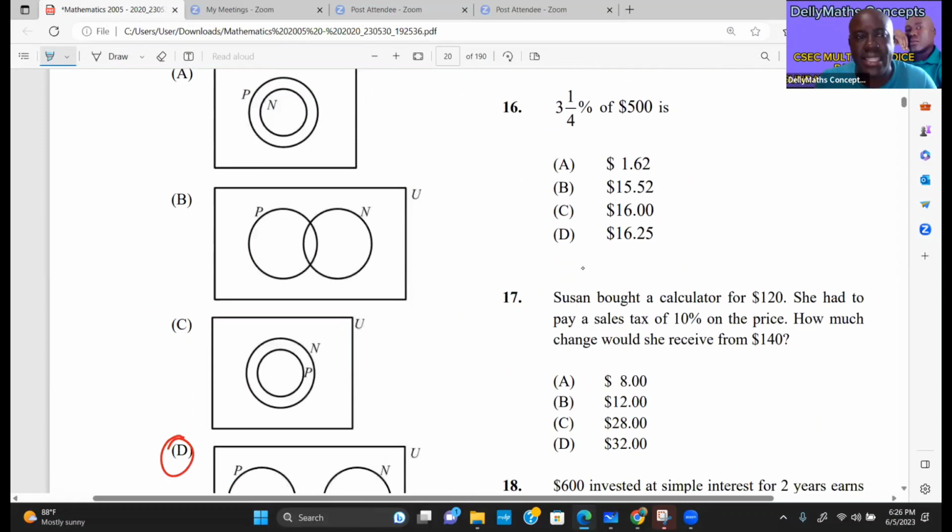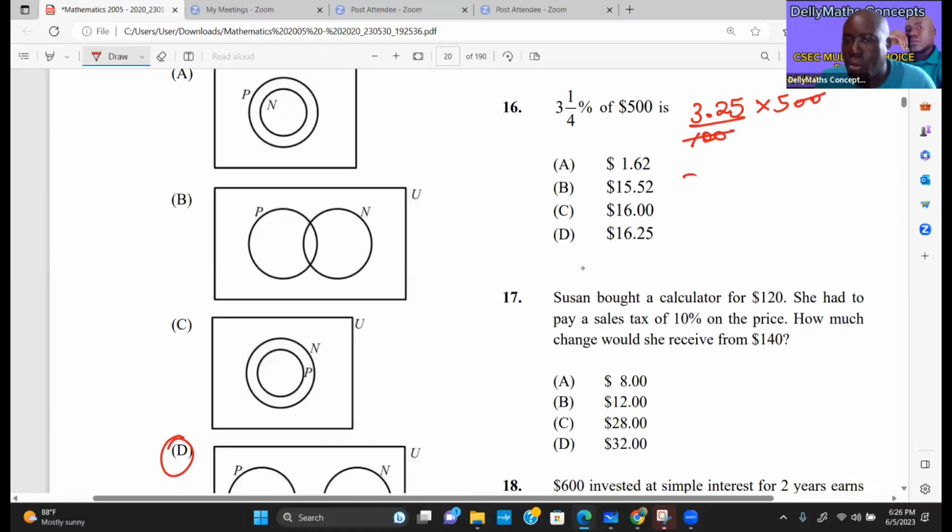Next question, 16. 3.25% of 500. You can really represent this simply. What is 3.25 as a decimal? Quarter is 0.25. So 3.25% is actually 3.25 over 100, and then of 500. You could see that 100 goes into 500 5 times.